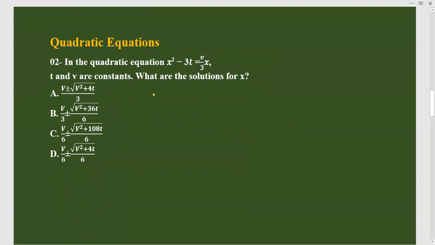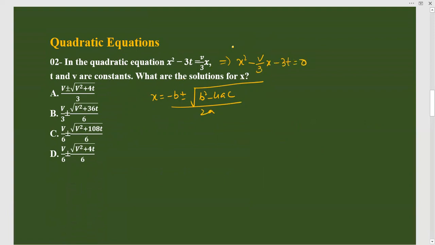You know the formula of the quadratic: x is equal to minus b plus minus the square root of b square minus 4ac, divided by 2a. So in that situation you have to make it a standard quadratic equation: x square minus v over 3 x minus 3t is equal to 0.